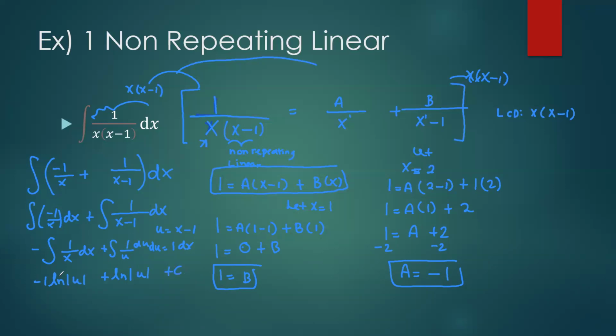So your final answer, when you plug in the u, will be negative 1 ln of absolute value of u, where for this one our u was x, plus ln of absolute value of u, which is x minus 1, plus c.